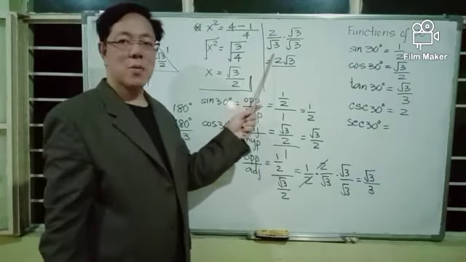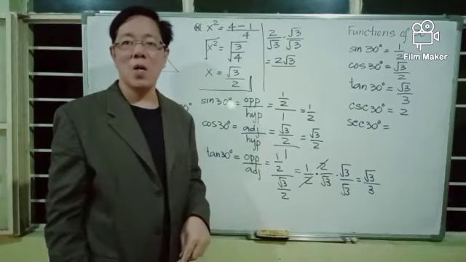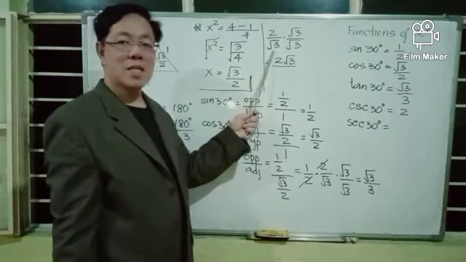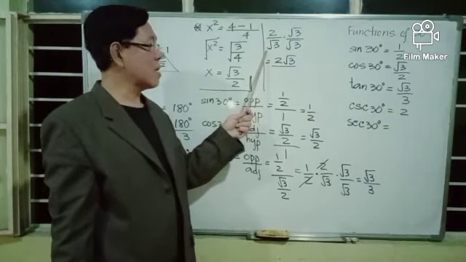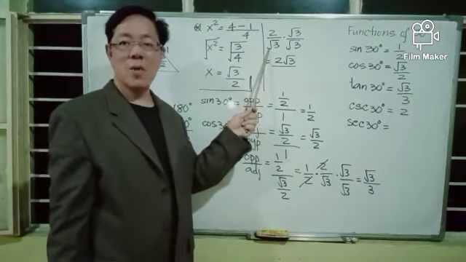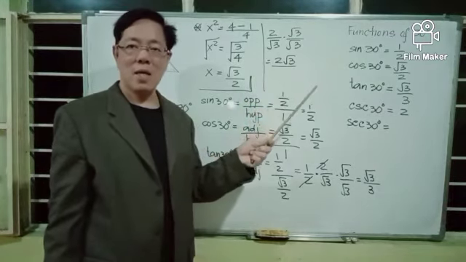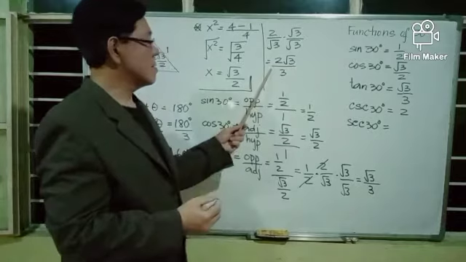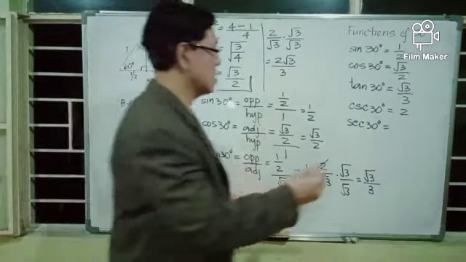In the denominator, square root of 3 times square root of 3 can be written as a single radical by property of radicals as square root of 9, where 9 is obtained by multiplying 3 by 3. We use square root because the common index between these two radicals is 2. Hence, square root of 3 times square root of 3 equals square root of 9, and square root of 9 is 3. This is the value of secant of 30 degrees: 2 times square root of 3 over 3.